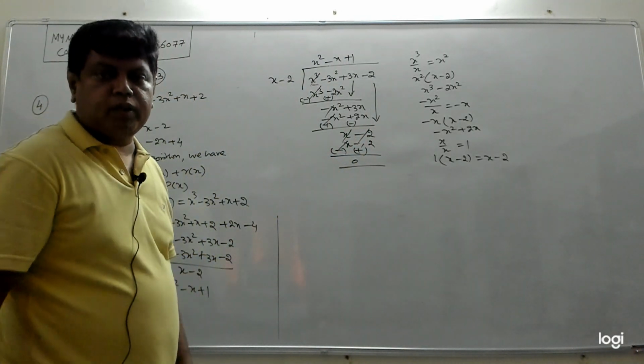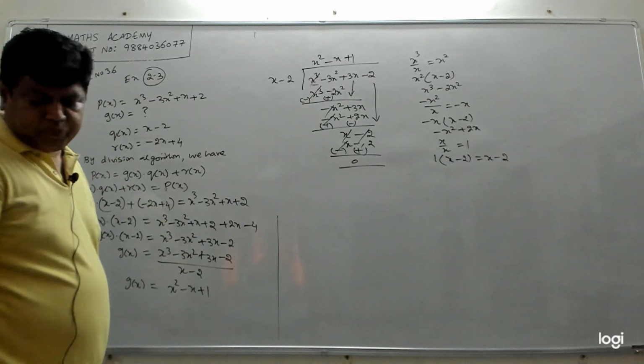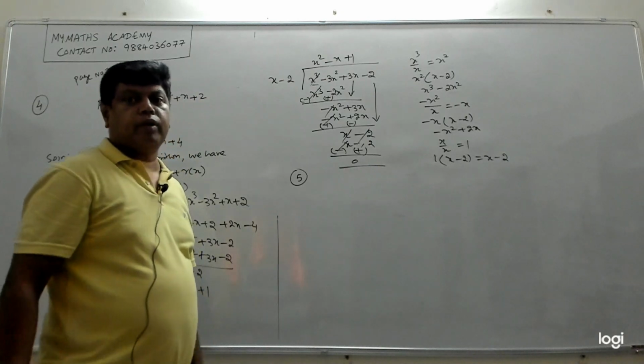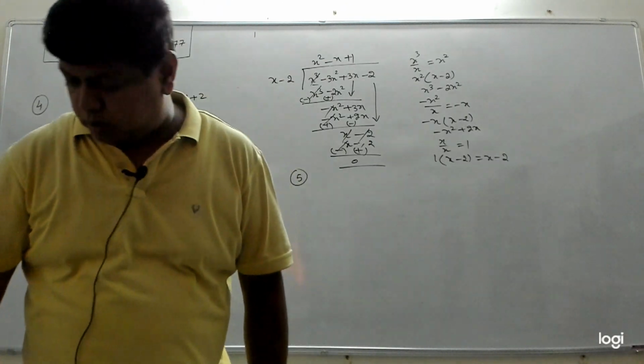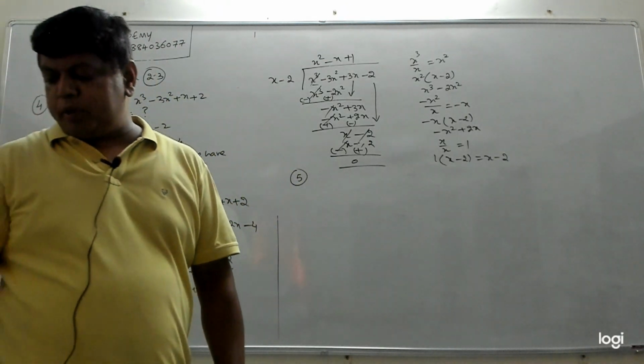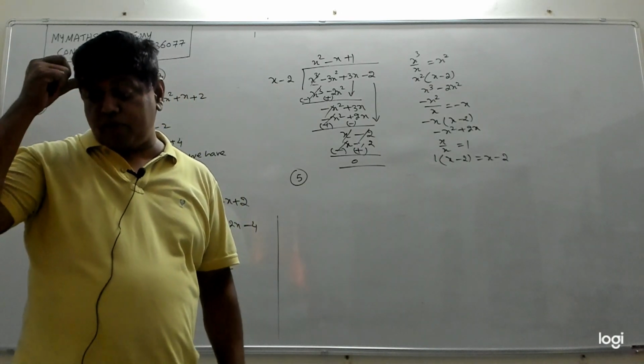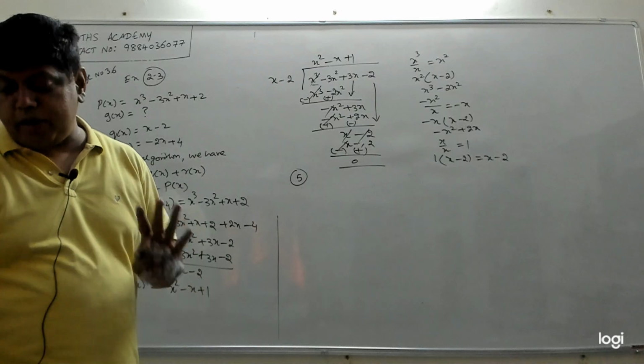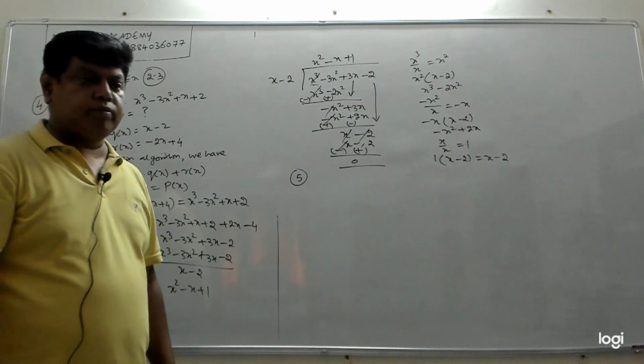Fifth problem says we need to give examples for polynomials p of x, g of x, q of x, r of x, which satisfy the division algorithm and the condition given, right?